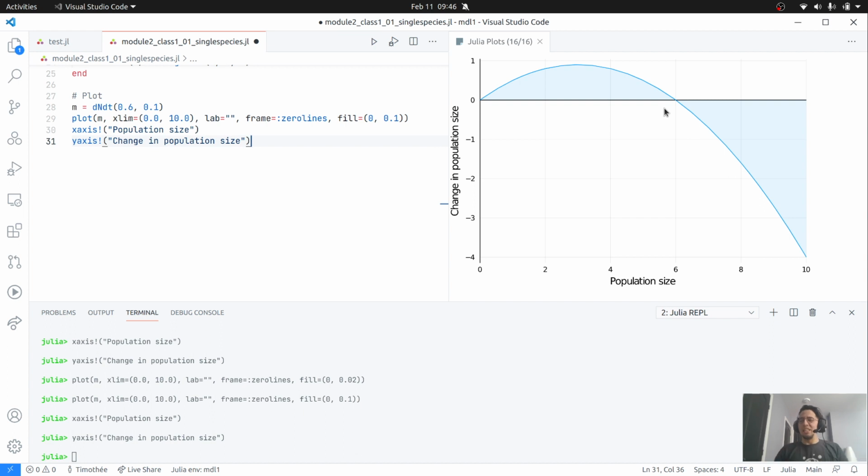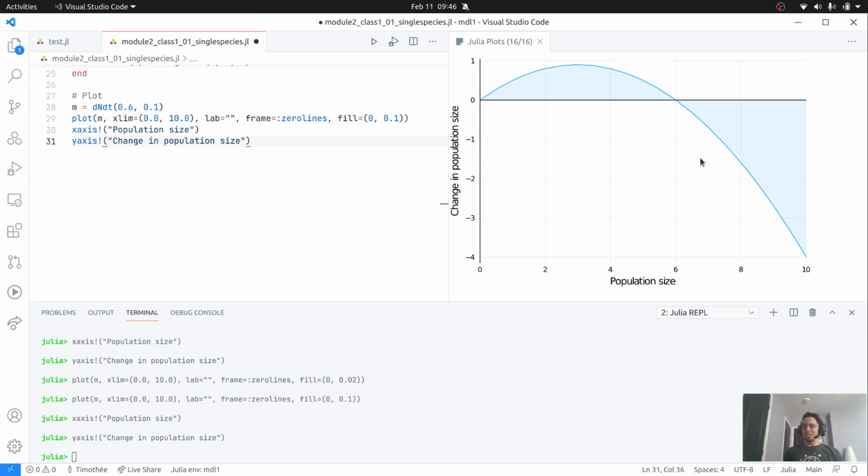One thing that is interesting in this plot is that we can read it in a very visual way. Whenever the curve that gives the time derivative is above 0, the value of the variable is going to increase towards the right. Whenever the curve that gives the time derivative is below 0, it is going to move towards the left, and that means decreasing.